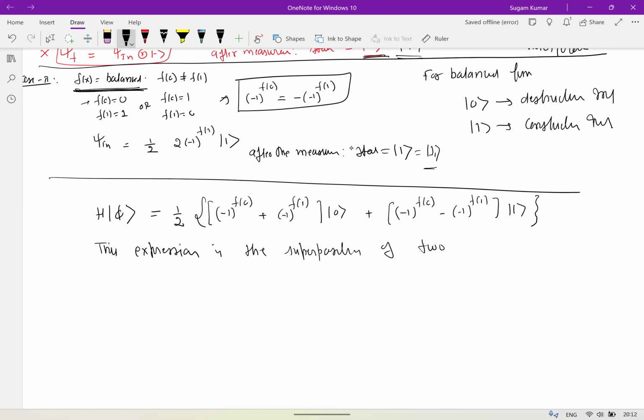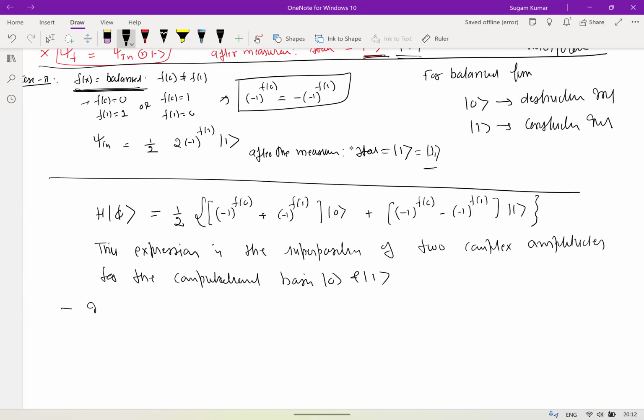of two complex amplitudes for the computational basis. And what are they? 0 and 1.